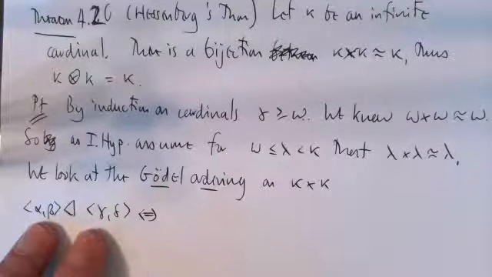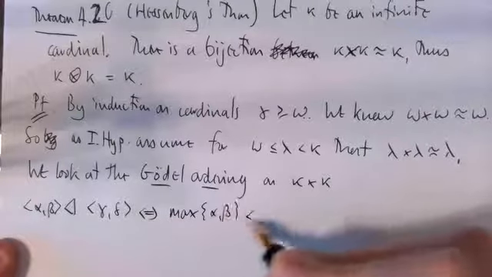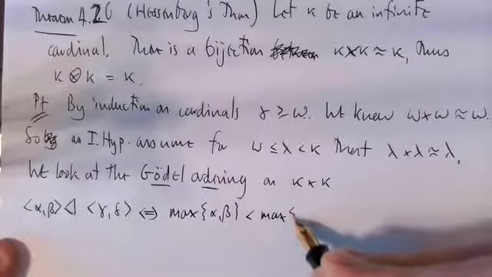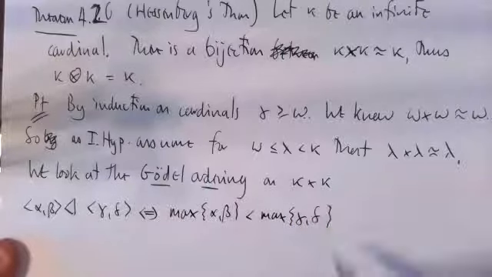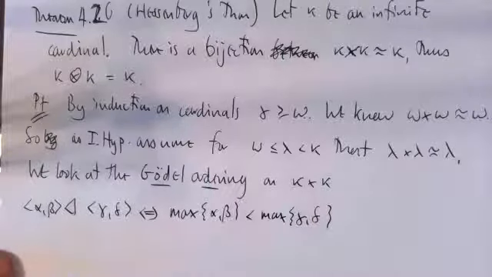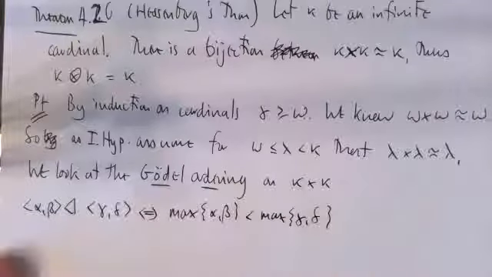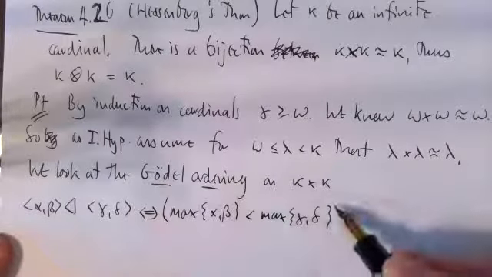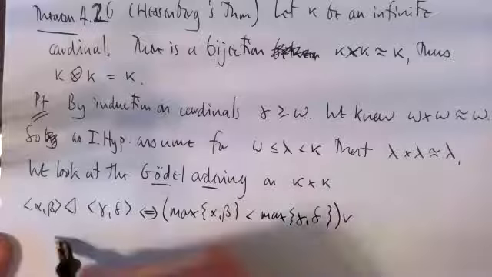So if the maximum of alpha beta is less than that of gamma delta, or maybe these maxima are the same, and then we'll have to do something else.